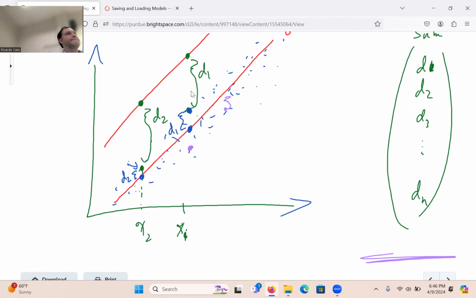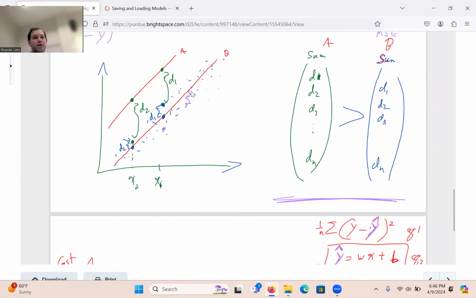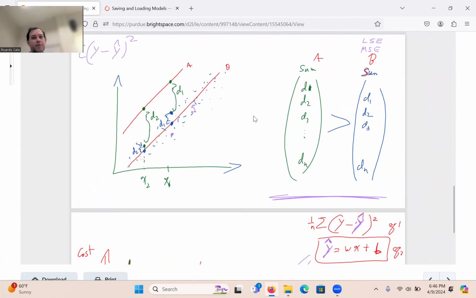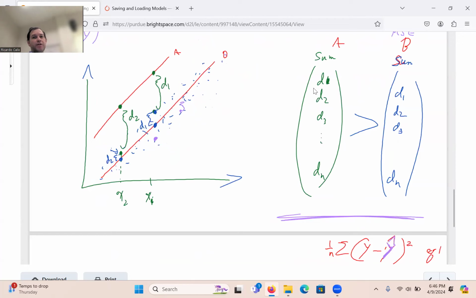Got it? All right. So now, if we look over here, the MSE is quite simply just the sum of the differences. I didn't square them, which I should have, but for simplicity I left them unsquared.